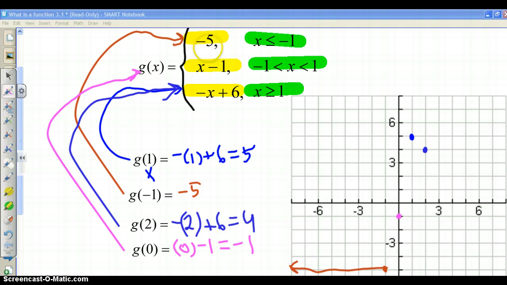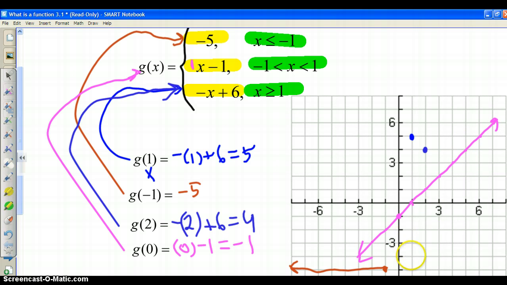Let's graph this middle function. So x minus 1, that's y equals, or g of x equals, a slope of 1 and a y-intercept of negative 1. So y-intercept of negative 1, slope of 1. That line looks a lot like this. Just kind of plot a few of these points. And I'm going to go ahead and graph that. Now when you get better at this, you can do it without erasing, I think, but first it's not a bad idea to do it.